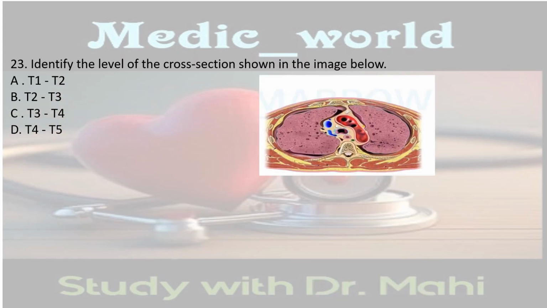Now the next question. Identify the level of the cross section shown in the image below. The cross section shown in the image is at the level of T3, T4, because it shows the large vascular opening of the arch of aorta, along with three small openings corresponding to the brachiocephalic trunk, left common carotid artery, and left subclavian artery.